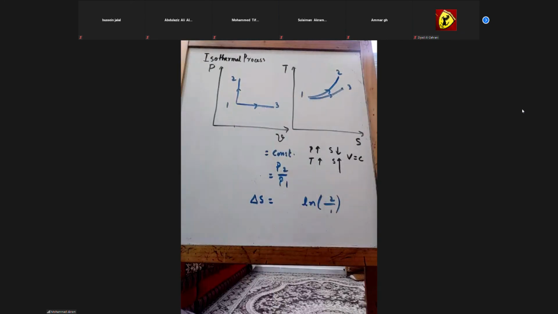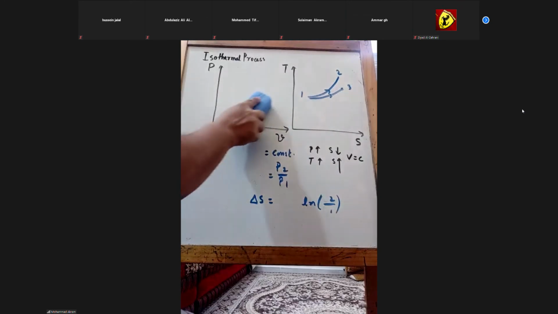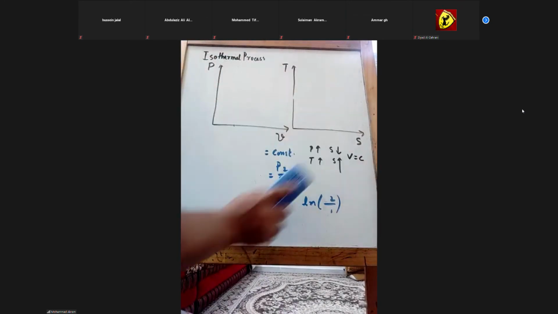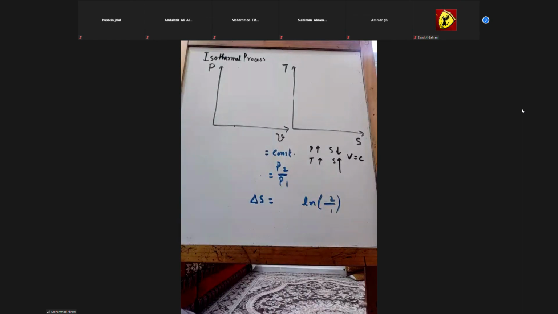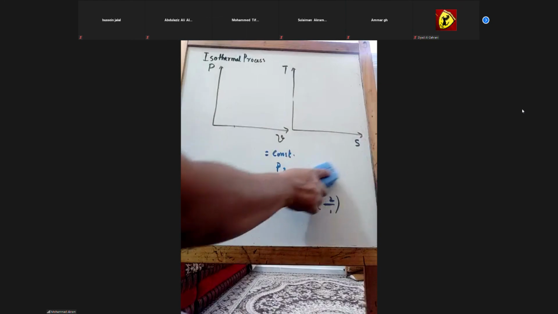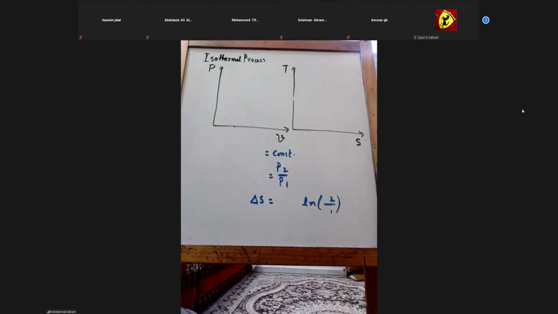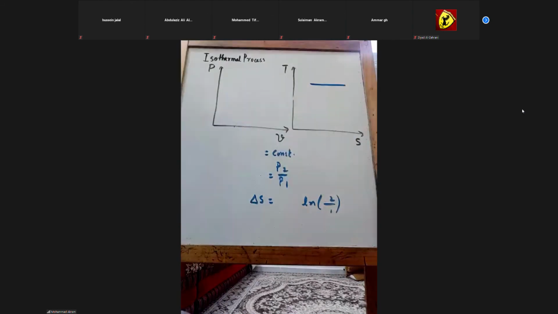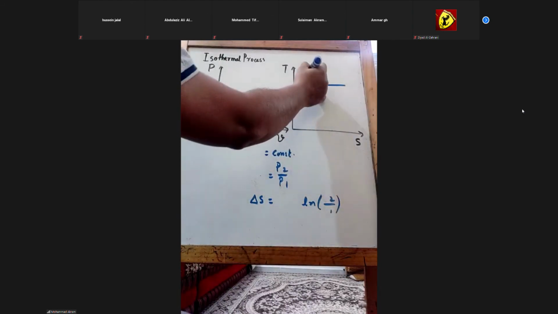How should I draw? From where I should start? From the right side. So this will be isothermal, right? Yes, because temperature is same. 1 to 2.